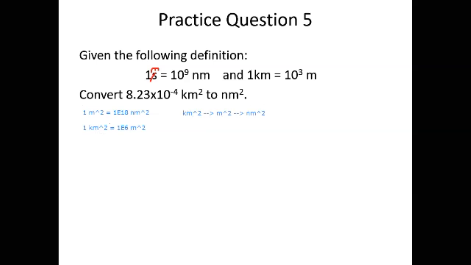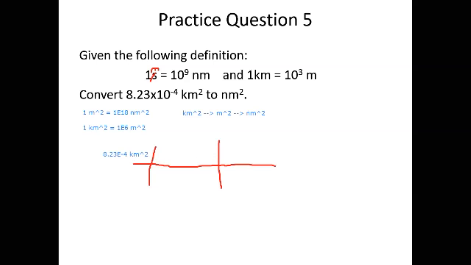So let me draw my train tracks. So we start with 8.23 e to the negative 4 kilometers squared.